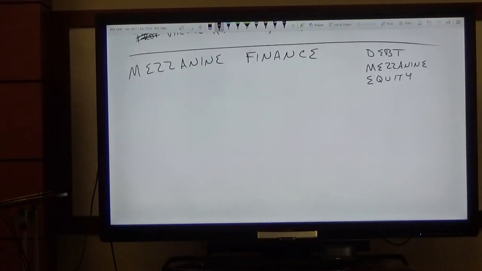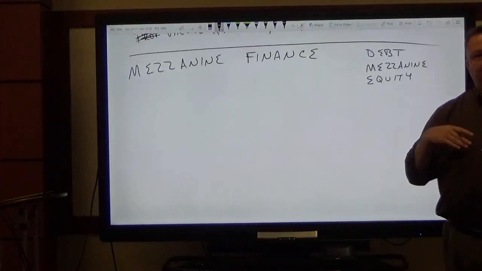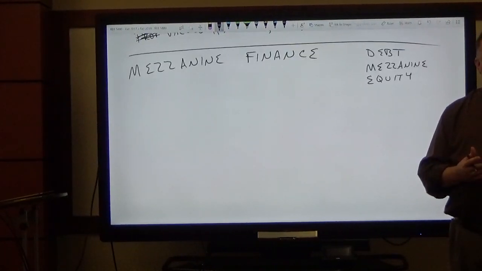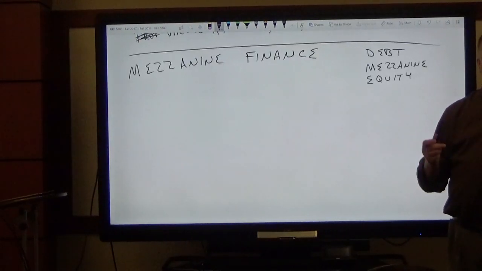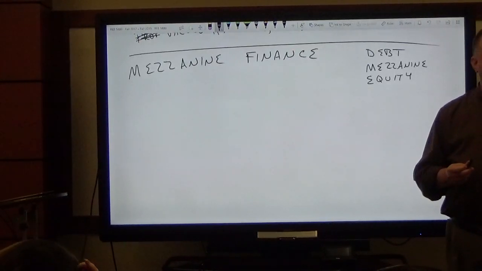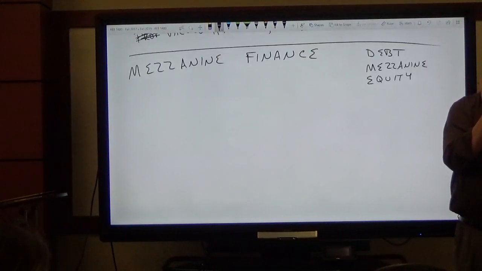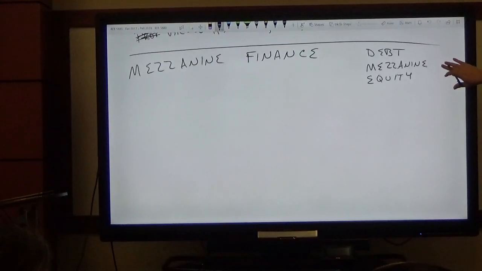Those of you that have any background in undergraduate finance, one of the things they talk about is hybrid debt, or preferred stock, things that have characteristics of both debt as well as equity. That's where mezzanine falls.